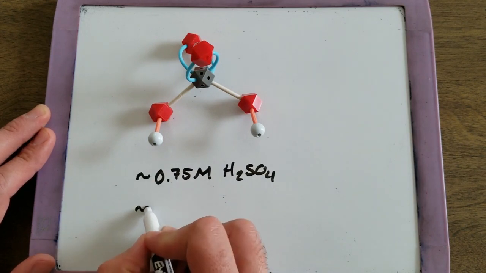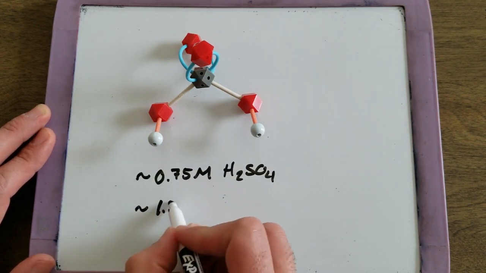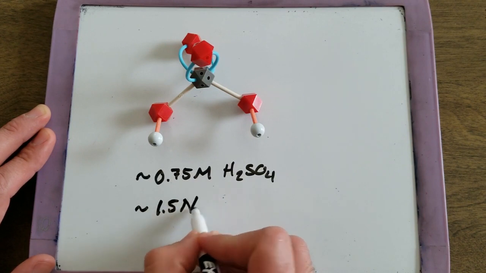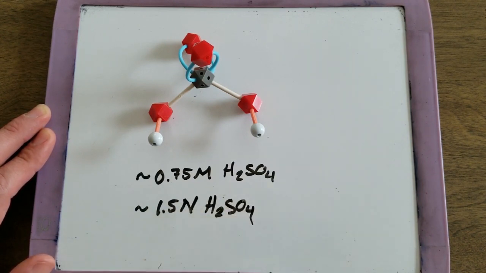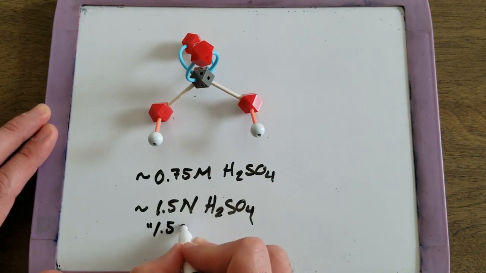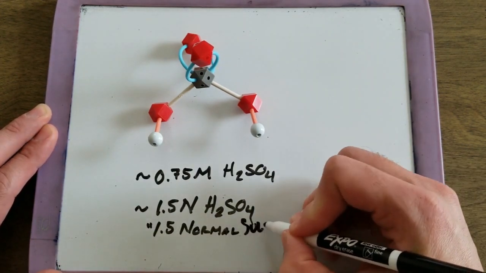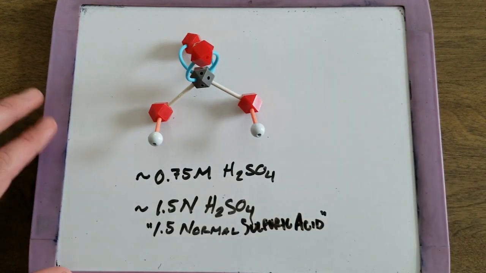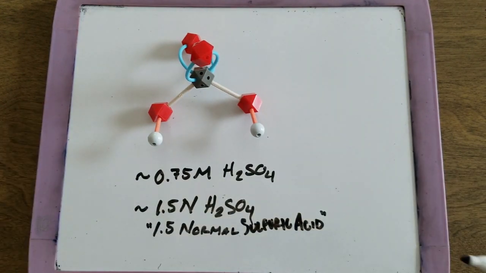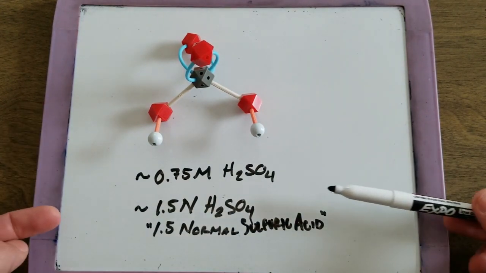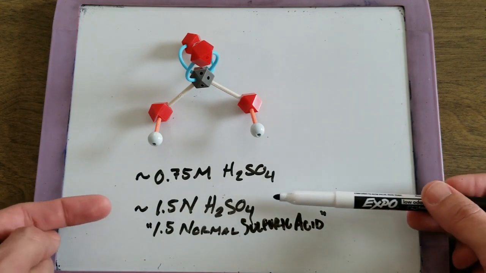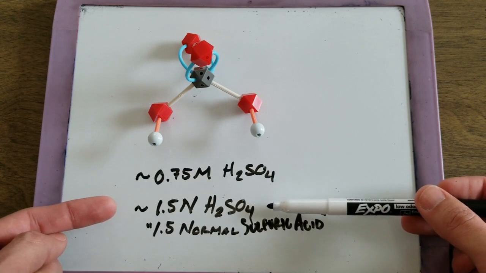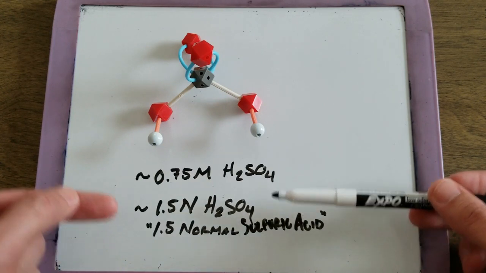And so it's approximately 1.5 normal sulfuric acid. It also means that what we solve for in the titration equation is actually the normality of the acid. And so to calculate its molarity, we would be dividing by 2.